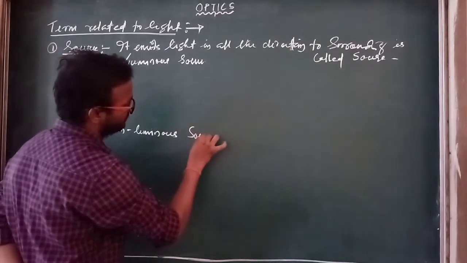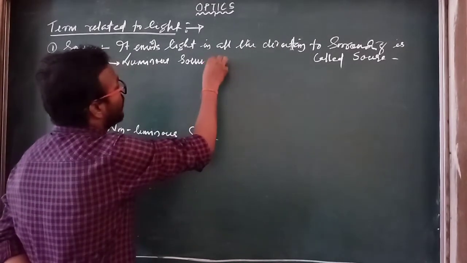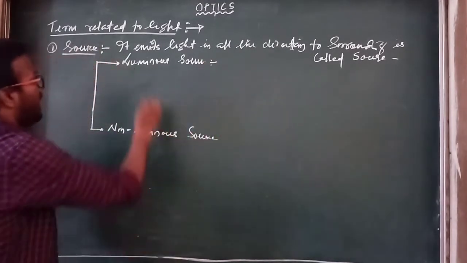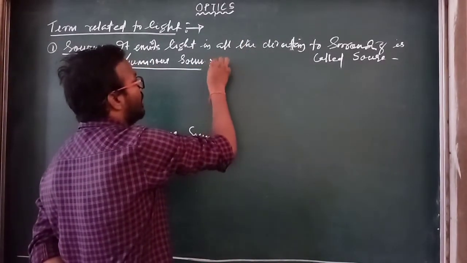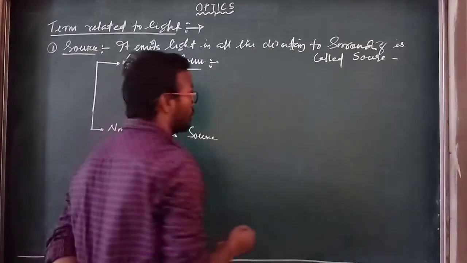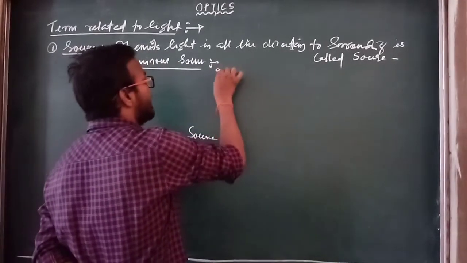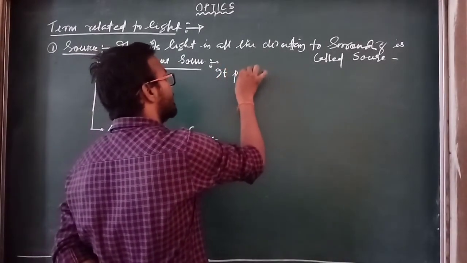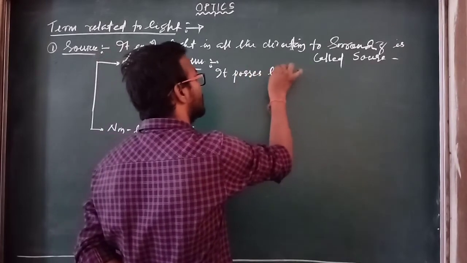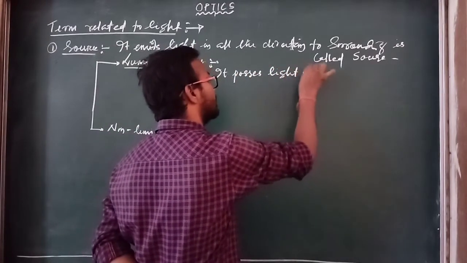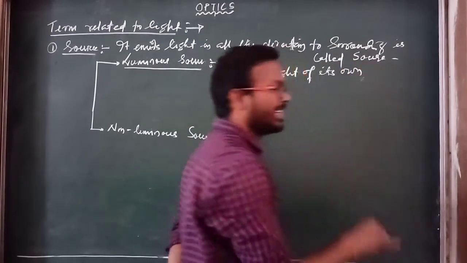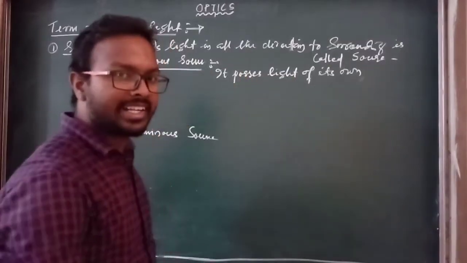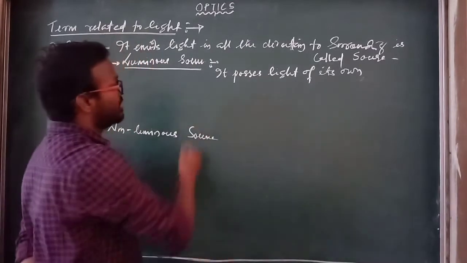So what is a luminous source? This type of source emits light of its own. That means it possesses light of its own, and it emits light of its own. That type of source is known as luminous source.